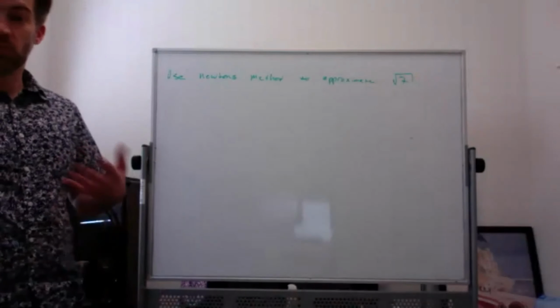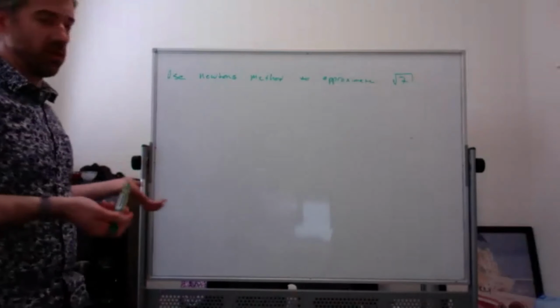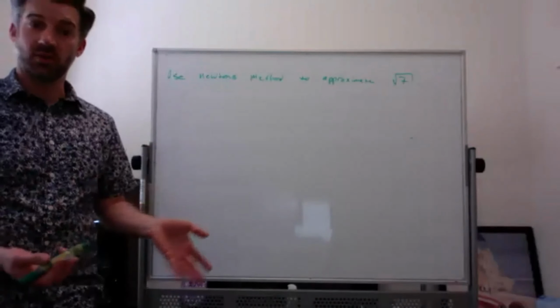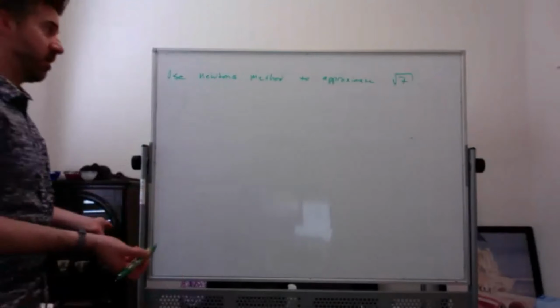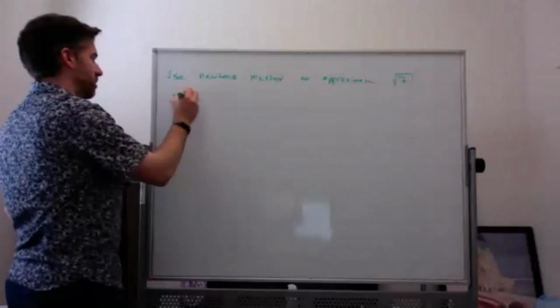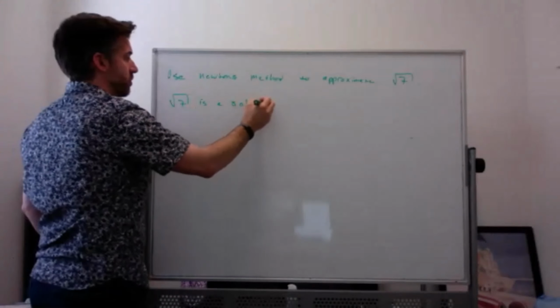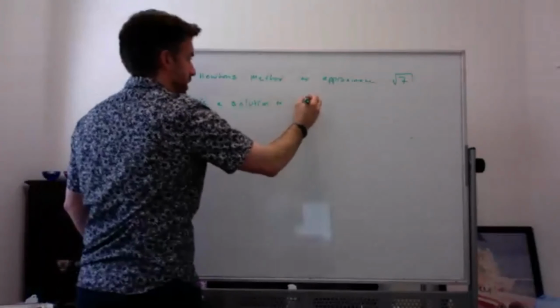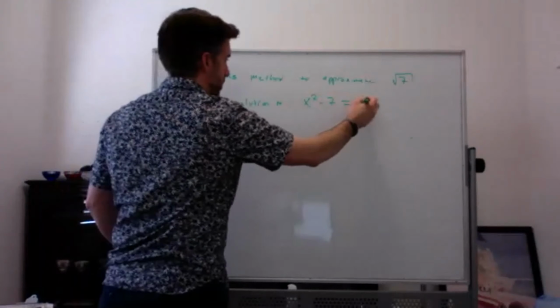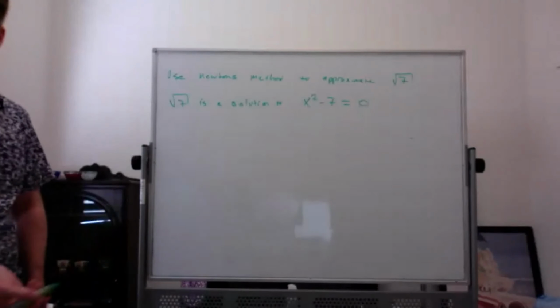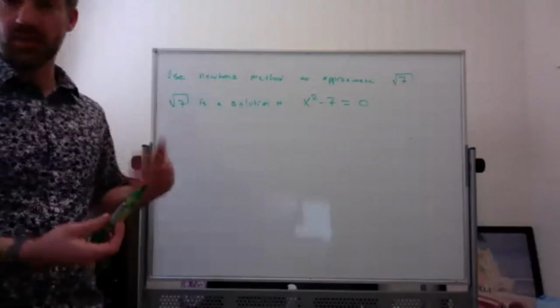And so the way you do that is you say, oh, I know the square root of 7 is the root, or the 0, of the following polynomial, right? The square root of 7 is a solution to x squared minus 7 equal to 0, or x squared equal to 7. But we usually write it all on one side.